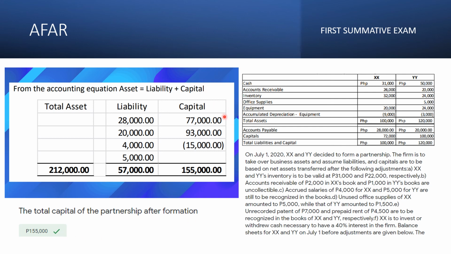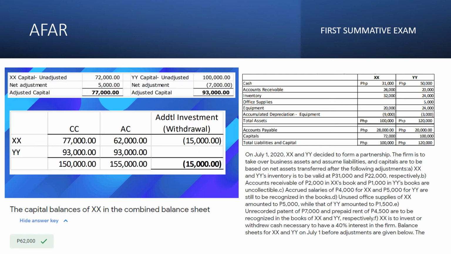Again, 77 from X and 93 from Y, with a withdrawal by X of 15,000, gives 155,000 in total.